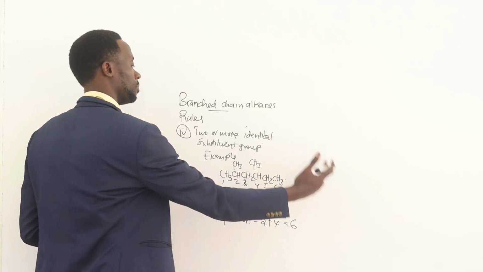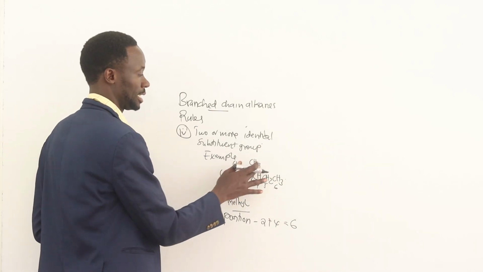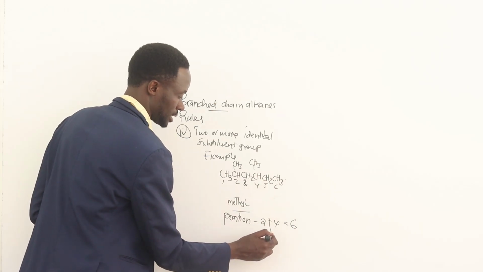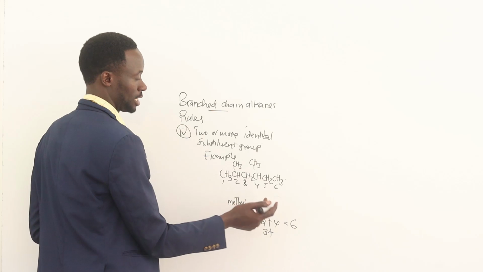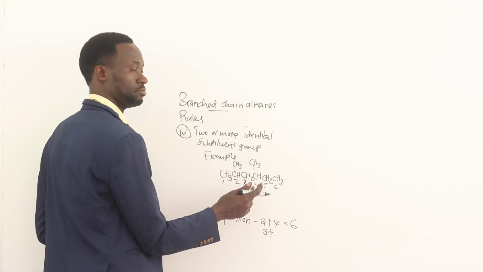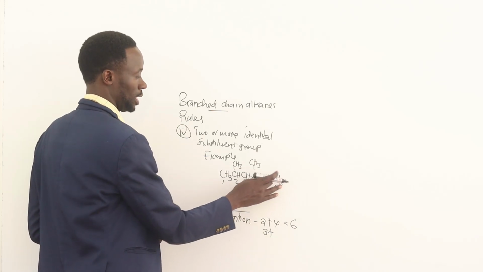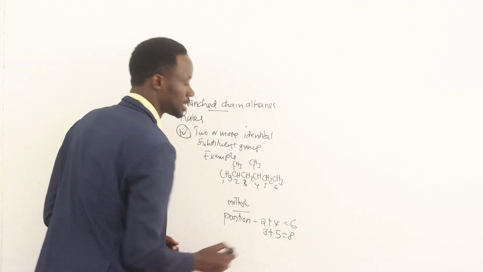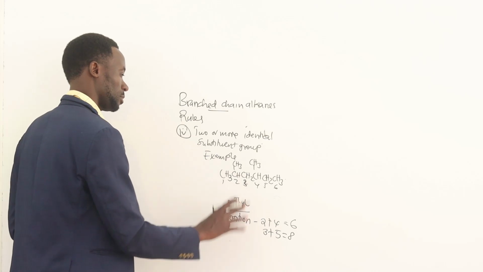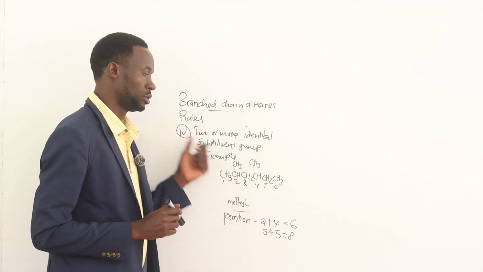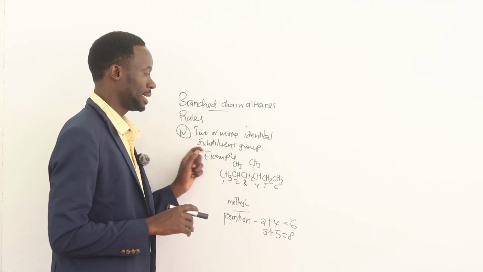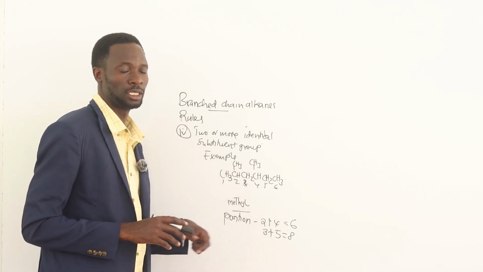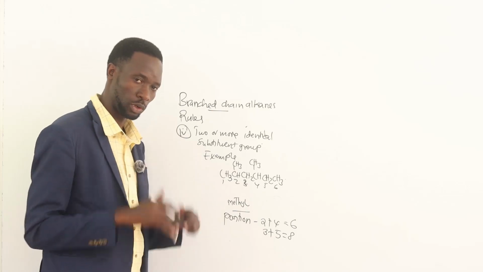Once we start from right to left, the first attachment will be at carbon number 3. 1, 2, 3. Then it is 3, 1, 2. The second one will be at the fifth carbon, which is 1, 2, 3, 4, 5. Then it is 5, and the summation is 8. So the rule says when counting the number of carbon, the summation of the locants should be lowest possible.